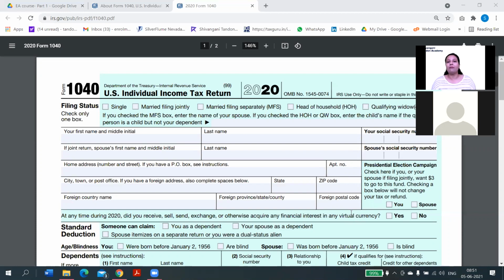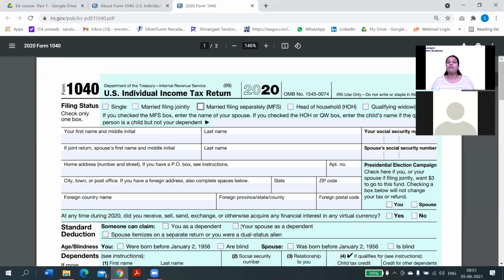So they decided that we'll opt for MFS status and will file a form 1040 even when we are married. And then they have to check this box, married filing separately. With this box, IRS will immediately get to know that this couple is not combining their income on one single form 1040. They are filing it separately.